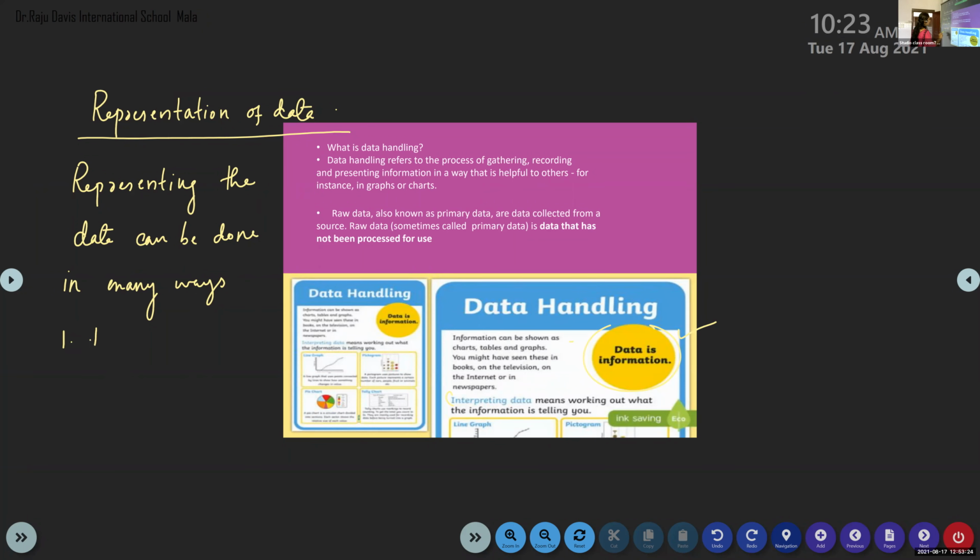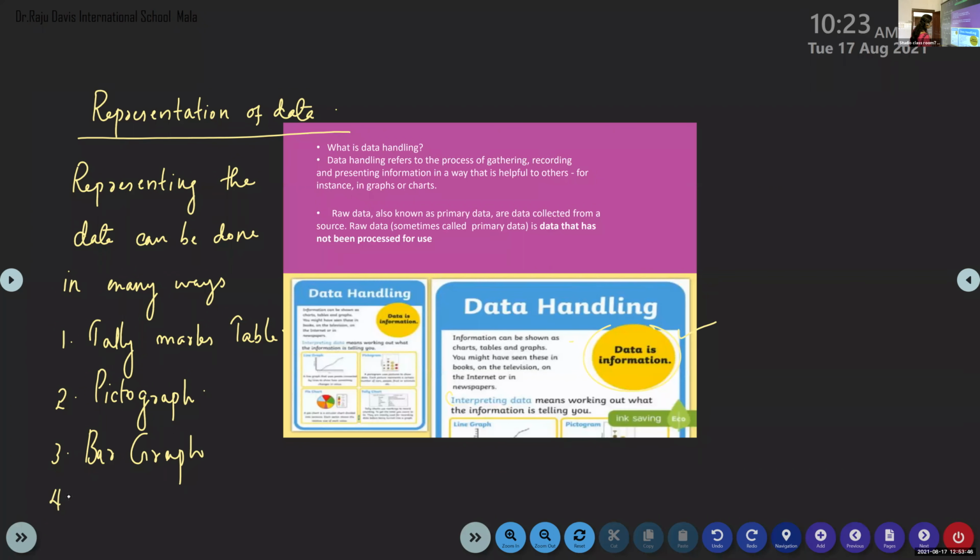First one, tally marks table. Second one, pictograph. Third one, bar graph. Fourth one, pie chart. Pie chart means circle graph. Okay, children, pie chart, etc.